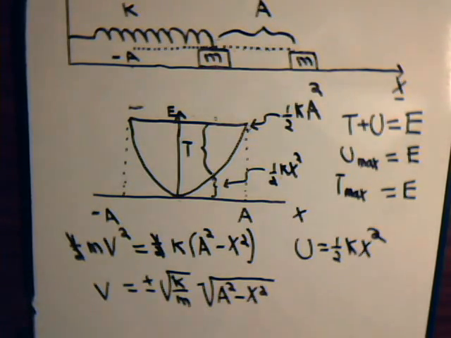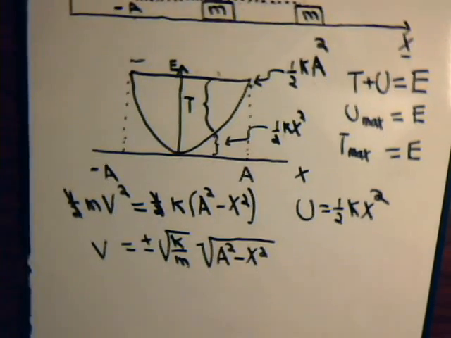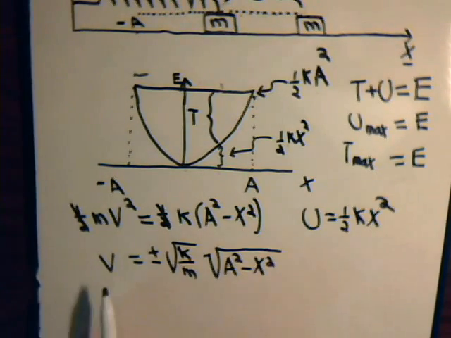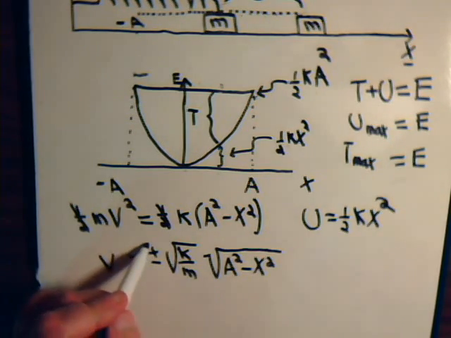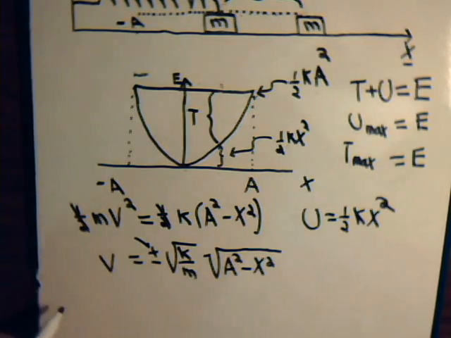Well, let's see. Let's take the derivative of v with respect to x, and we're going to work only with the positive value. So we'll have dv/dx equal the derivative of this with respect to x.